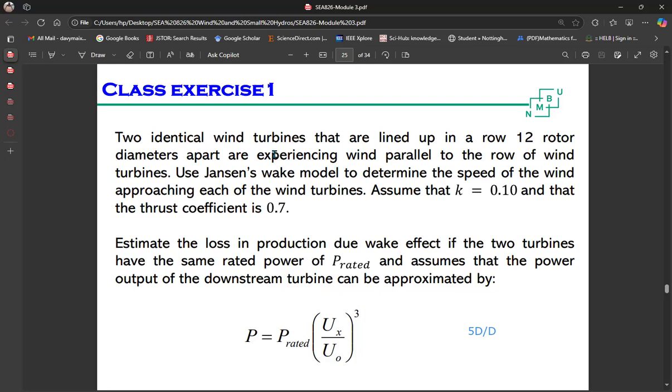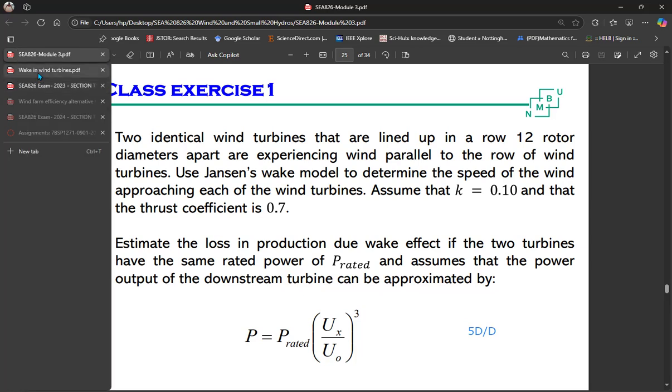So that means that the wind speed experienced at the first turbine is different from the one experienced by the second turbine, because the turbines are arranged in such a way that, considering the direction of the wind, the turbines are behind each other. So we have one in front and the other one behind the first one.